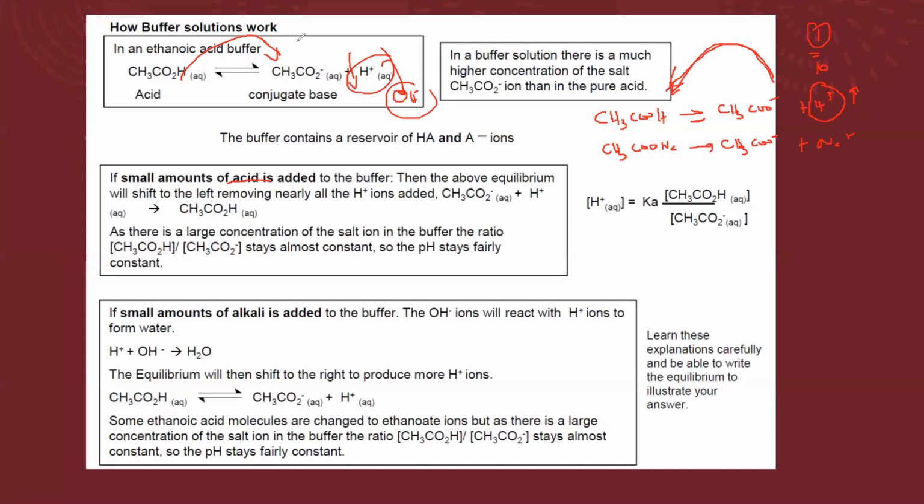So a weak acid and its salt, or a weak alkali and its salt, can act like a buffer. If we add a small quantity of acid or alkali, it will not change its pH.